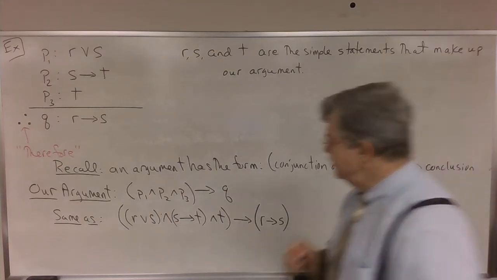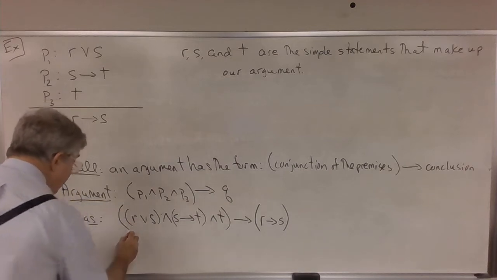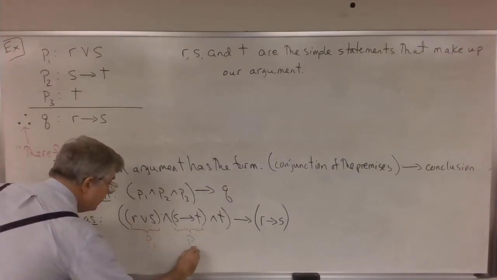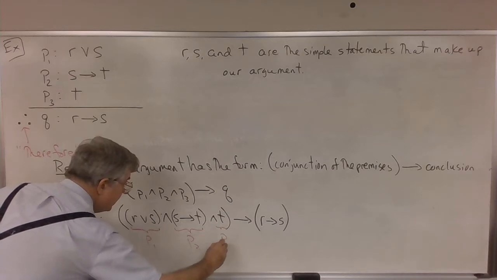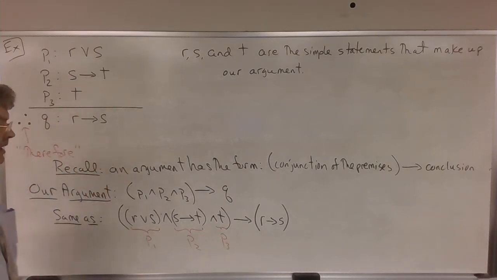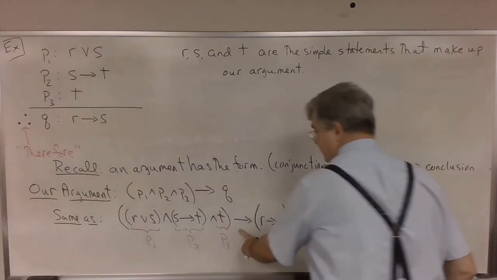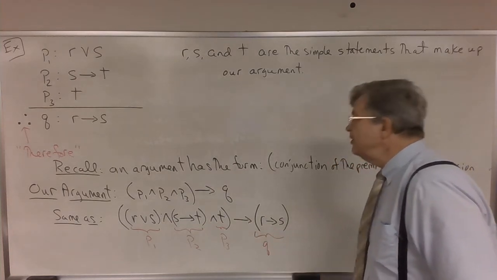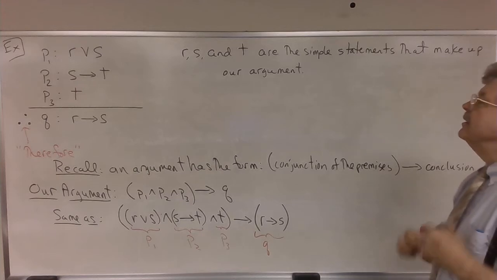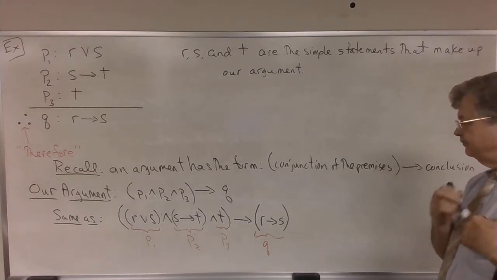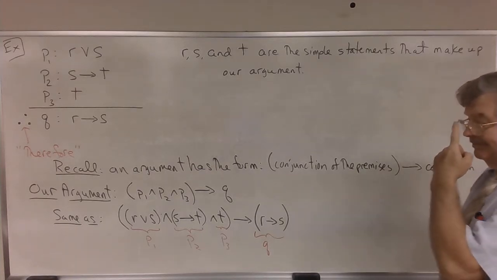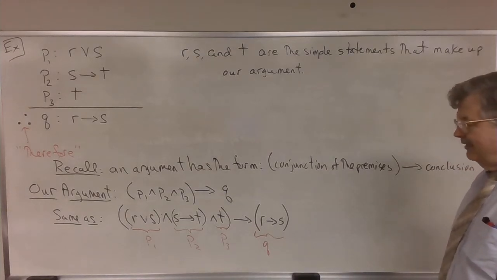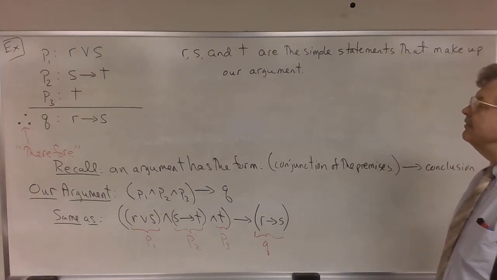The conjunction of the premises, and this is P1, P2, P3, implies the conclusion Q. Wow. That's what our argument looks like.